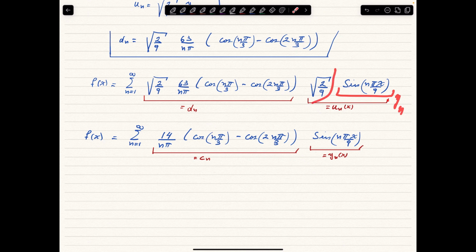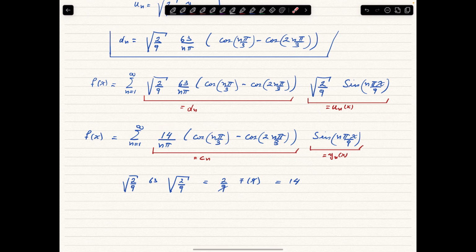So everything else has to be c. And it is the case because the square root of 2 over 9 times the square root of 63 and the square root of 2 over 9, this is obviously 2 over 9, and then recall the 63 was 6 times 9, so we cancel, and this is the 14 that we have here.